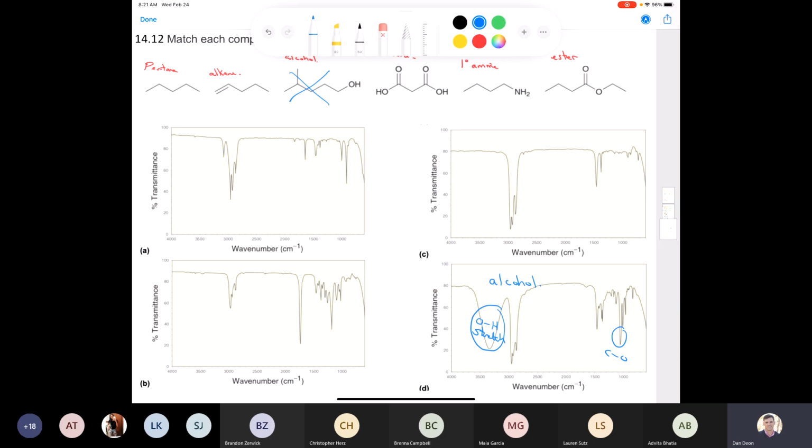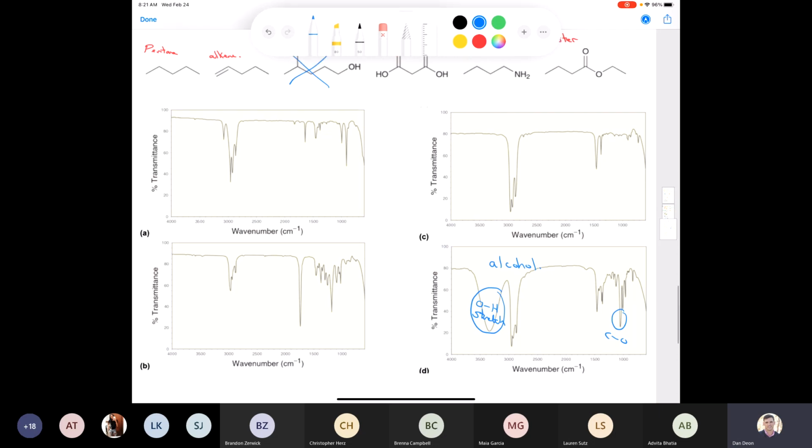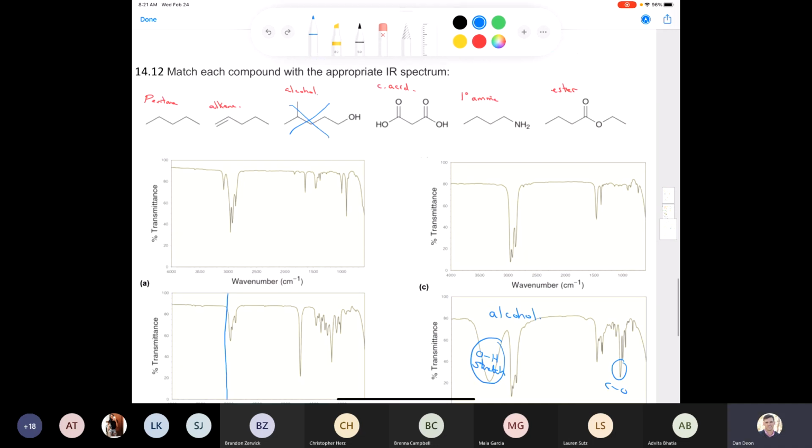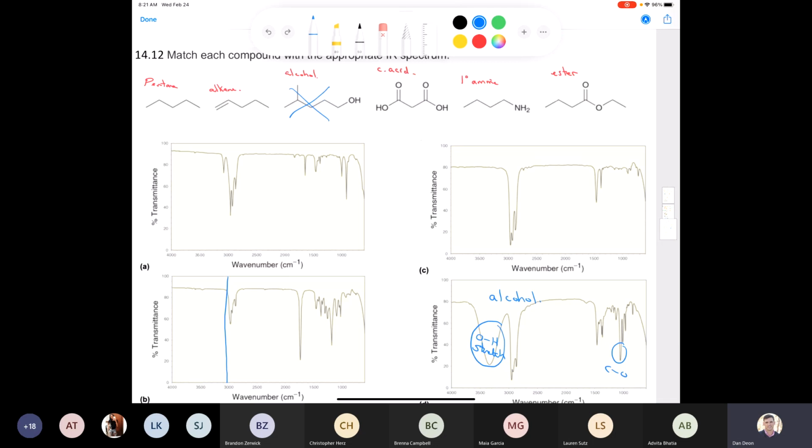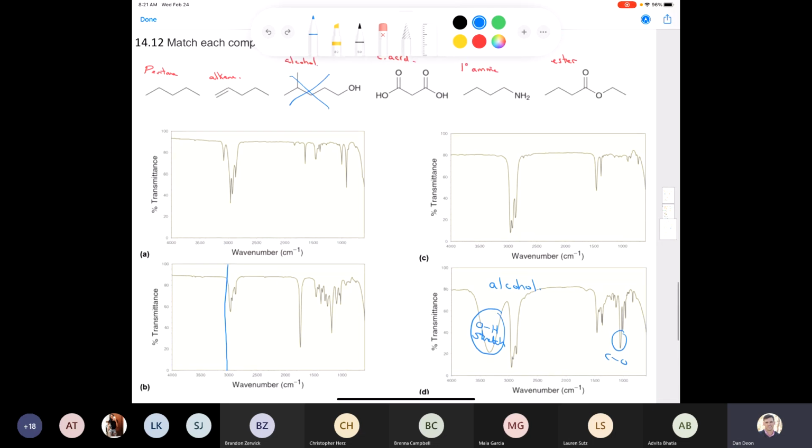I'll go back to what Lauren said. She said a ketone in B. If you look at B, she said, look, there's nothing above 3000, okay? So it's not an alcohol. It's not a carboxylic acid. It's not a primary amine, all right? Now, there is no ketone on here, all right? But there is a compound with a carbonyl, right? And that compound is an ester. So this would be our carbonyl stretch, okay?